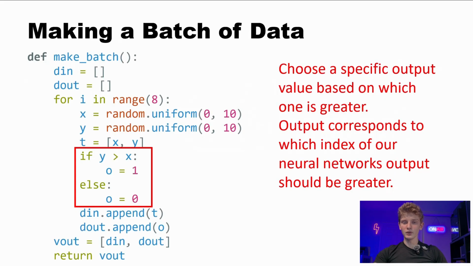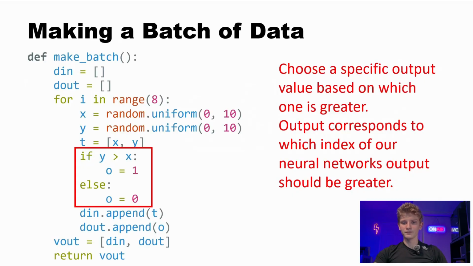Now, you might be a little confused since here our expected output contains a single number. However, I said in the neural network, we will have two outputs. Well, basically, what this expected output is talking about is what we expect the index to be of the greater value of our two outputs.